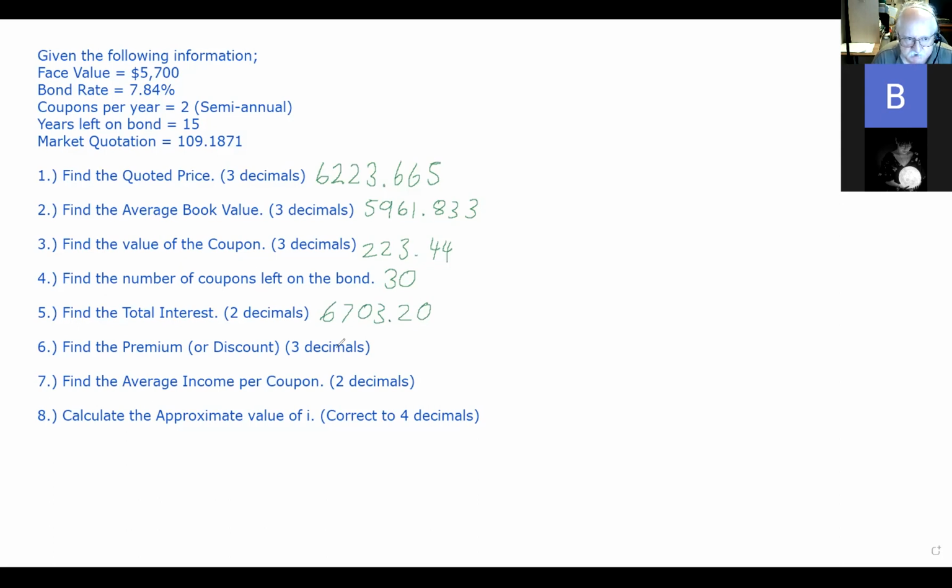6703.20. Find the premium or the discount. Take the quoted price, which is part one, minus the face value. And that'll give us the premium or discount.